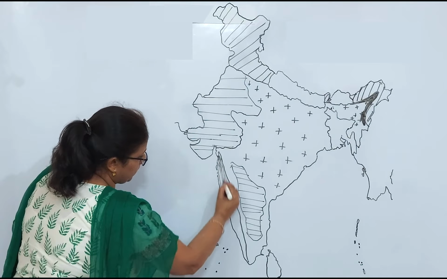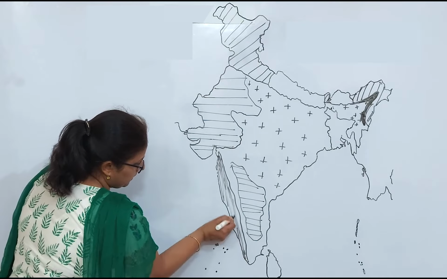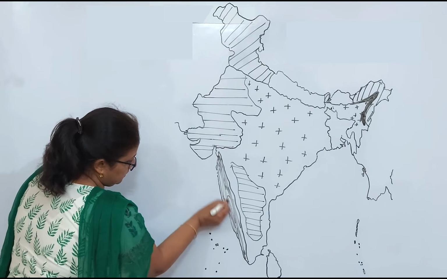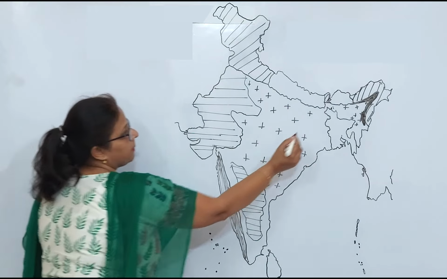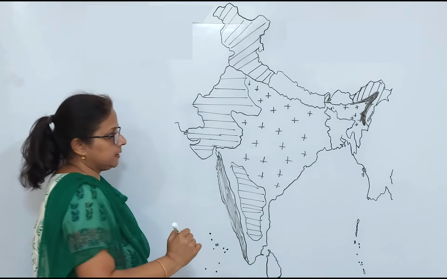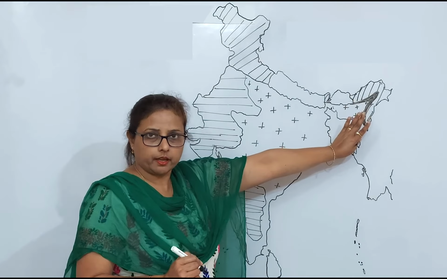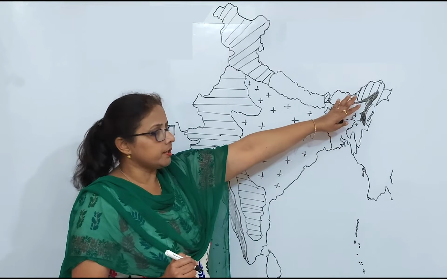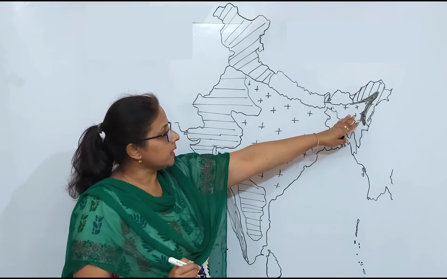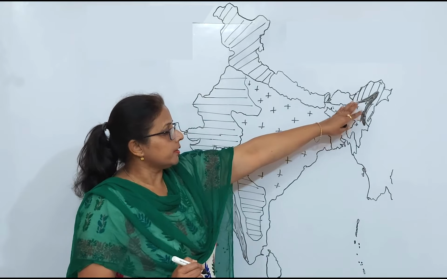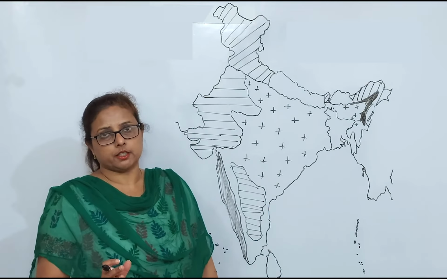So in most parts of the Western Ghats and parts of the Garo, Khasi and Jaintia hills, all these areas get very heavy rainfall, and so there is a luxuriant variety of trees which is known as the tropical rainforest, where most of the trees are of evergreen varieties.